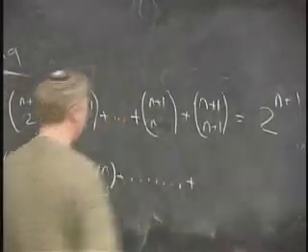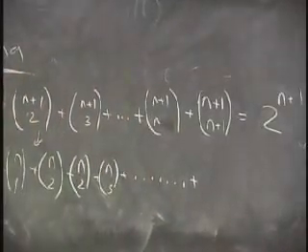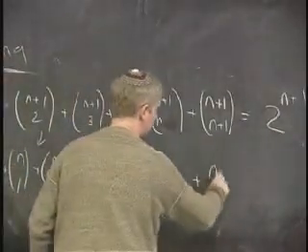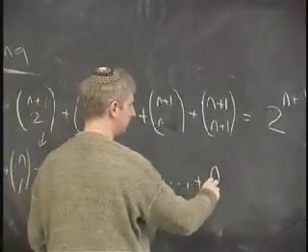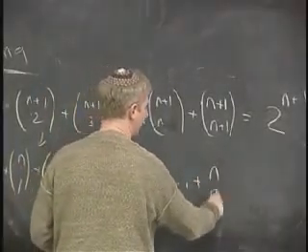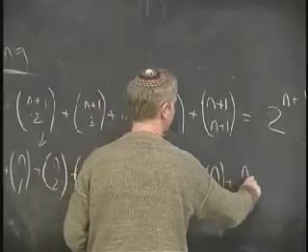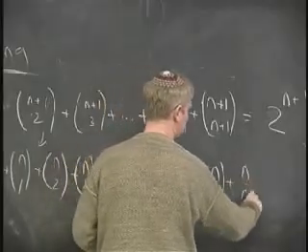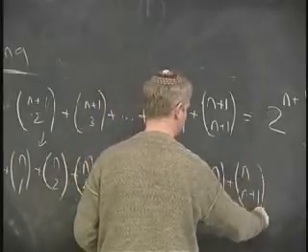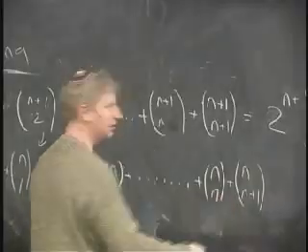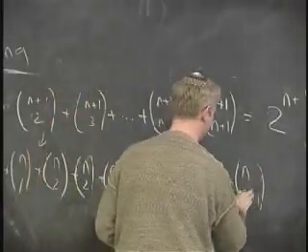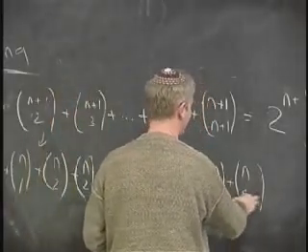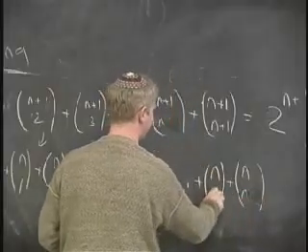What happens at the very end? Is Joe right? n choose n... Can we do that? No. Sorry.